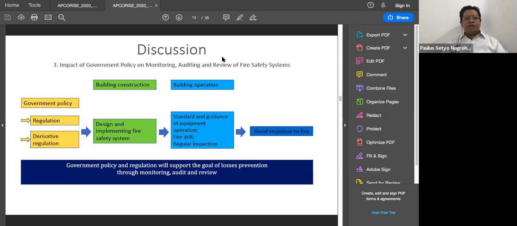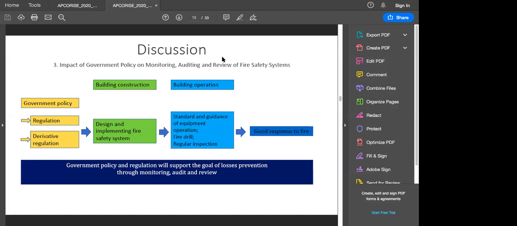The government needs to make a policy and its derivative regulations such that the fire system works properly during fires. The standards and guidance for equipment operation in the fire protection system are used by the building manager in the phase of utilization and operation of the building. Government policy and regulation will support the goal of loss prevention through monitoring, auditing, and review.